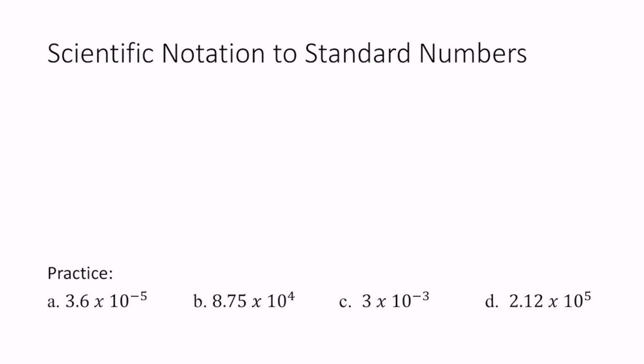We also need to be able to take our numbers and put them into standard numbers. So if we have a number in scientific notation, we want to be able to write it in standard numbers. So the first thing you're going to do is write the number portion of the scientific notation.